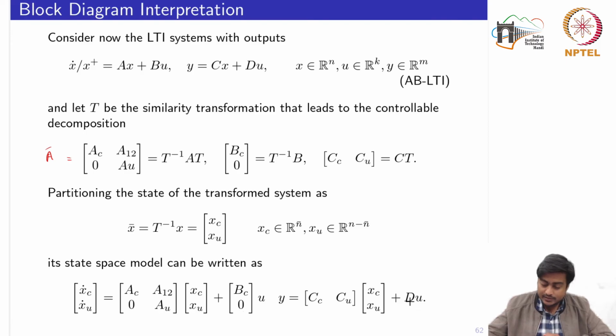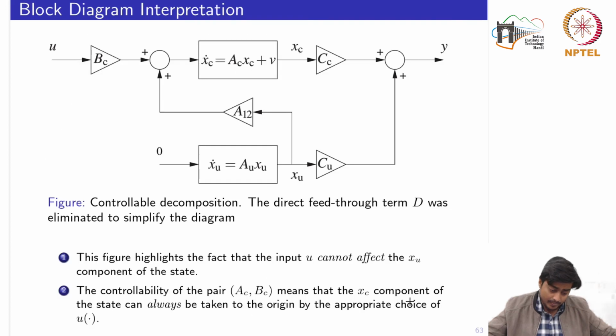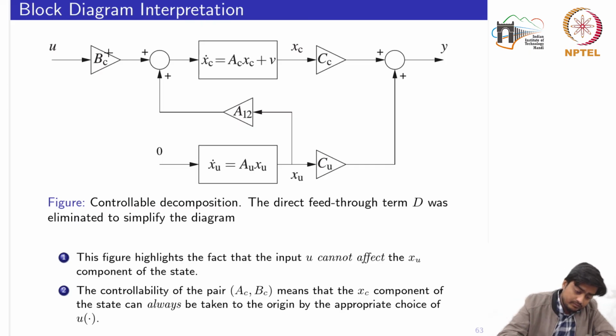Okay, the D matrix won't change, as we had seen in the similarity transformations. So if I draw the block diagram here, this part we would have B c into u, and this part is being added, which is A 1 2 x u. The addition of this B c u and A 1 2 x u, we have replaced it by nu.